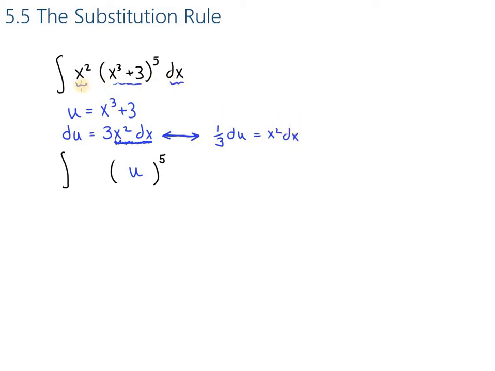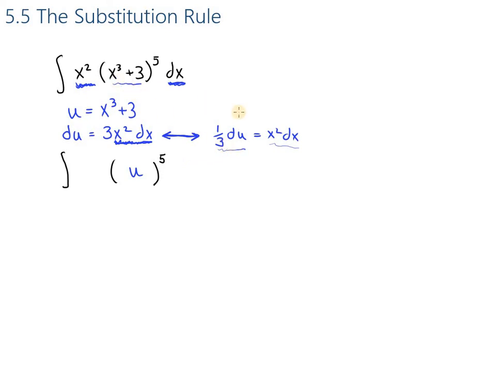And notice x squared dx is exactly what I needed to still replace. So this is typical of u substitutions: I'll do algebra until I have a replacement for the stuff that I need. And hopefully I can do a little manipulation and get it there.